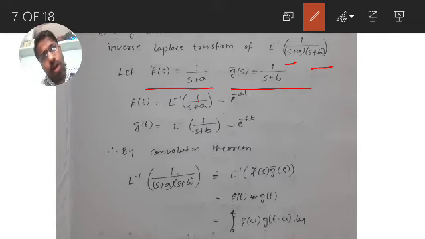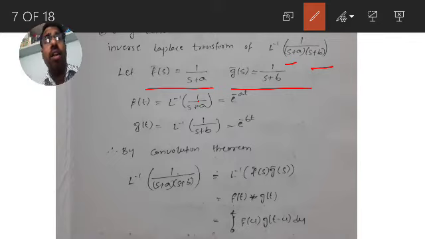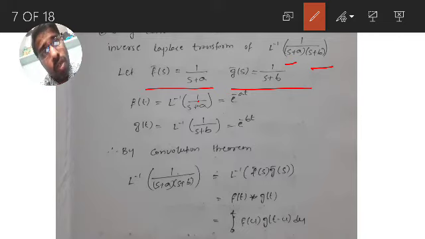And why? In order to avoid the complexity of finding the integration obtained by applying the convolution theorem. That's it. The single extra point to keep in mind is to take the simple function as g bar of s.